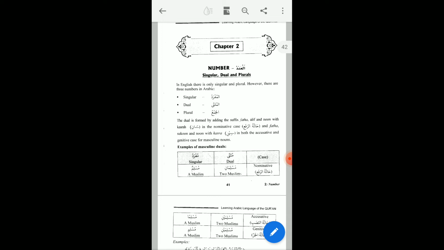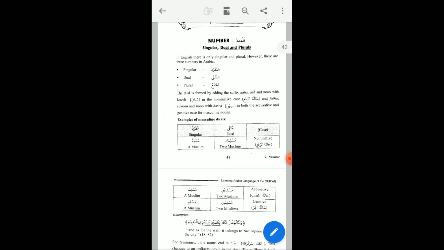And this majrur, we say it is in the genitive case. Likewise in numbers, if there are two persons, two girls, what would be their structure in the subjective case, in the accusative case, in the genitive case? This needs to be understood and memorized, because this is the base of what we are going to learn throughout the language of the Quran.